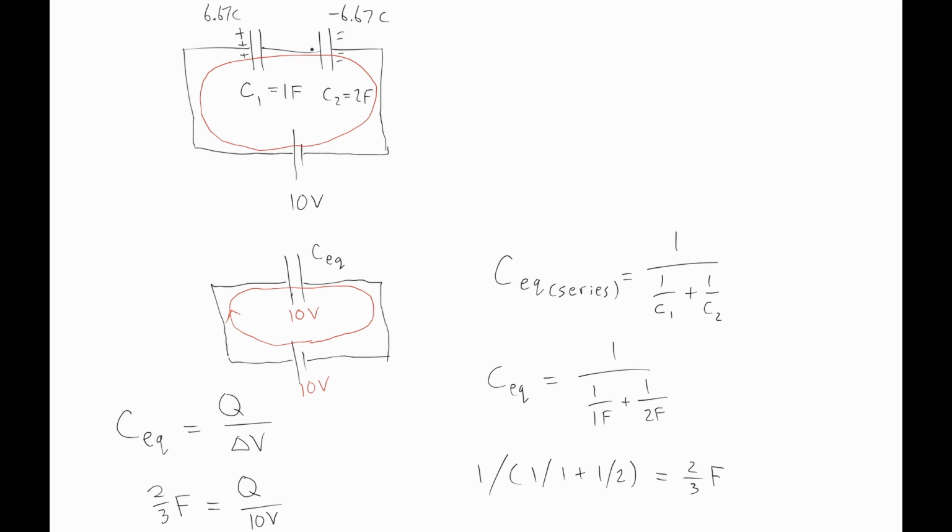And what happens with the metal in the middle is it just polarizes. Negatives are attracted here to the positive, and then positives are attracted to the negative there. So what happens is both capacitors end up sharing the same amount of charge. And so that's always going to be the case for capacitors in series.